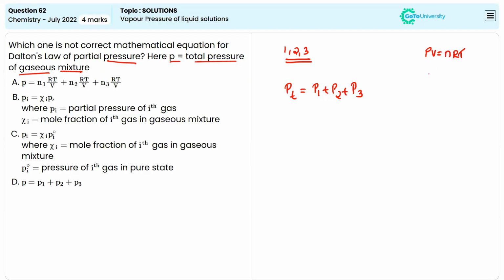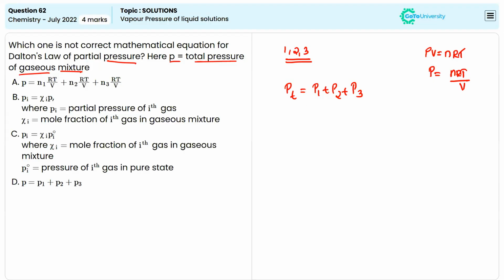If you rearrange this equation for P, it will be nRT divided by V. If you take 3 components in this mixture, the volume will be the same, the temperature of the gaseous mixture will be the same, and the gas constant R is also the same, but the amount of these gases will be different, so the number of moles will also be different.